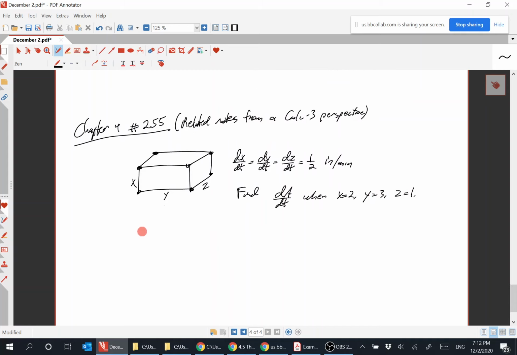Right, so the surface area. What is the surface area of the box in terms of x, y, z?